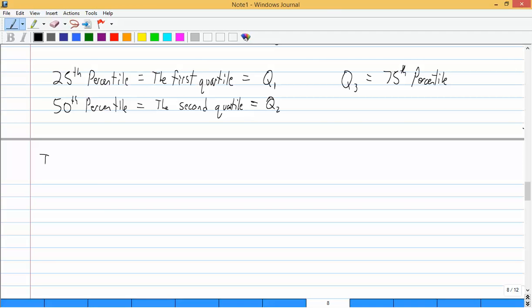Another term sometimes that you'll see used is the interquartile range. And the interquartile range describes the range of the middle 50% of the data.